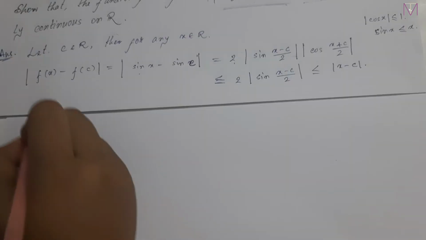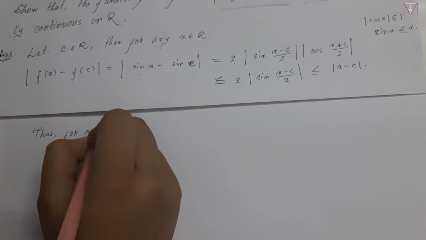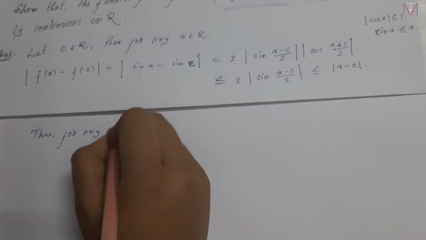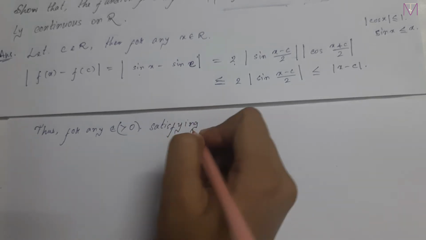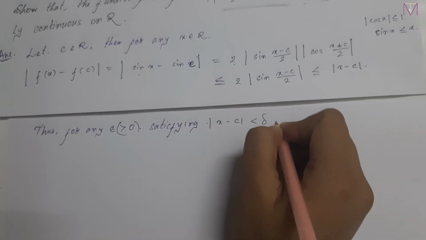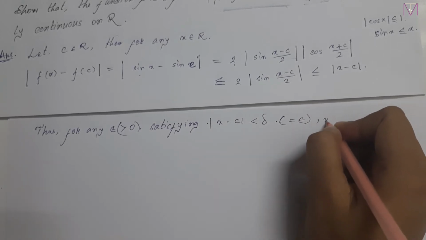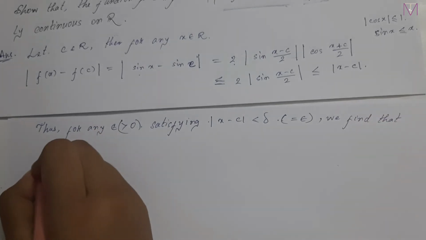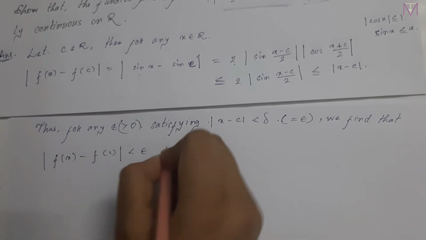Thus, for any epsilon greater than 0, satisfying |x - c| less than delta equal to epsilon, we find that |f(x) - f(c)| is less than epsilon.